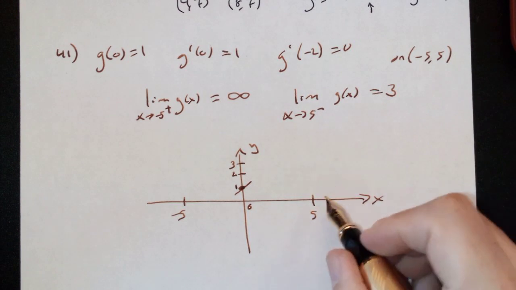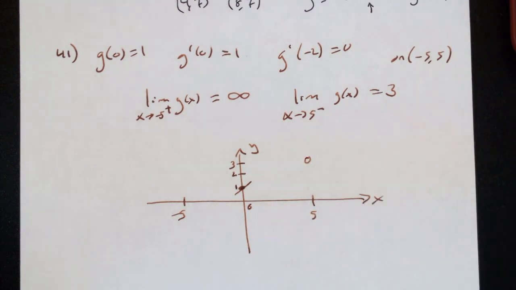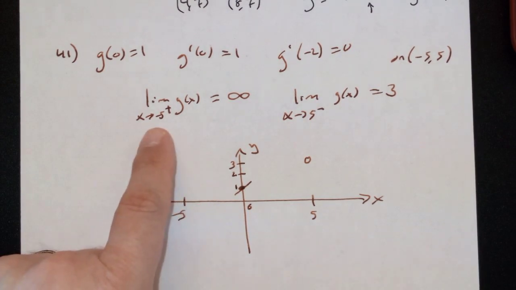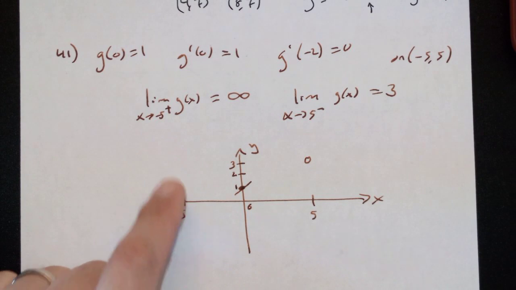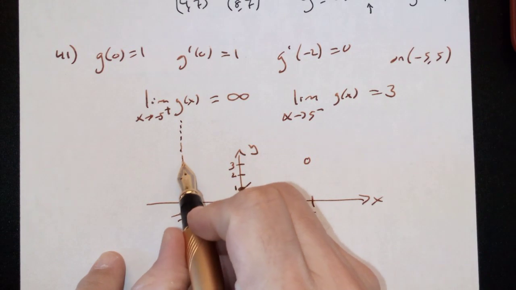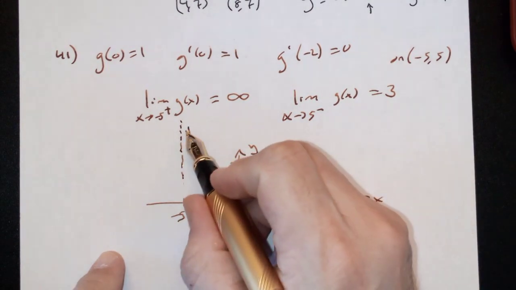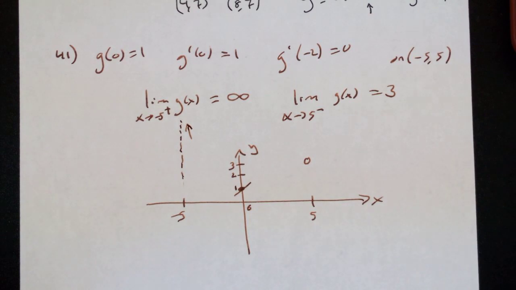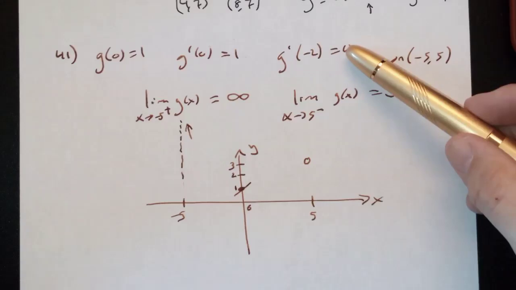So I'm going to put an open circle here at x equals 5 and y equals 3, and I know that as I come from the left, I should be going to that circle. I know as I go towards -5, I should be going up to infinity.